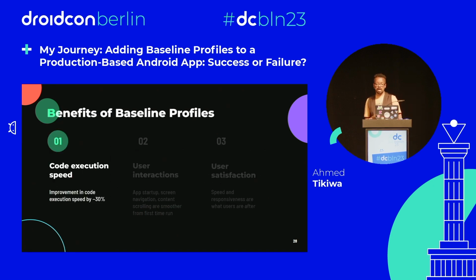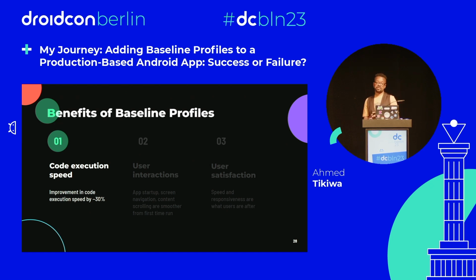So the benefits. Through including a baseline profile for an app or library, this results in the Android runtime optimizing the code parts through the use of ahead-of-time compilation, or AOT. And this is also referred to as profile-guided optimization, because AOT is also using a profile.